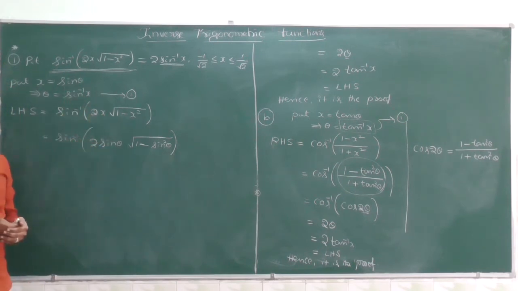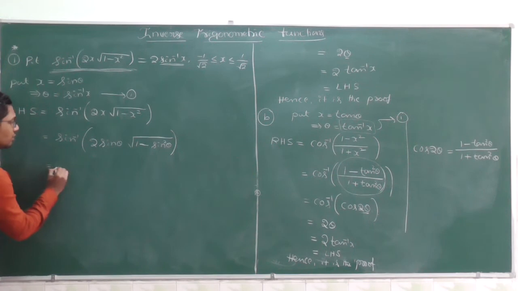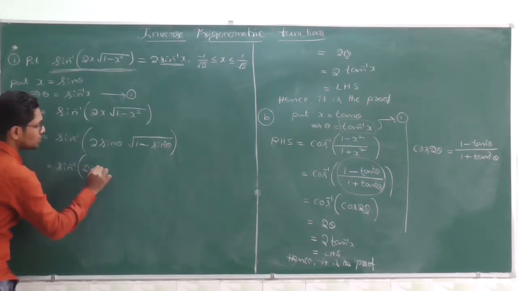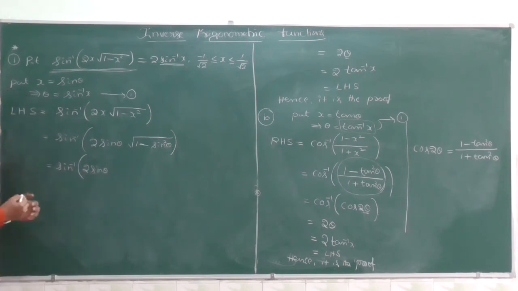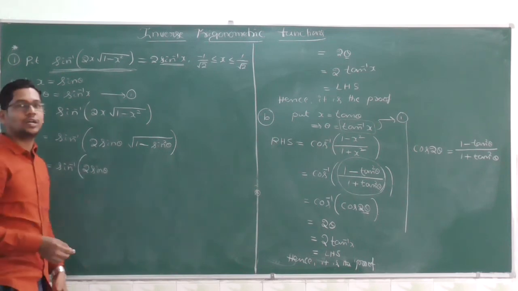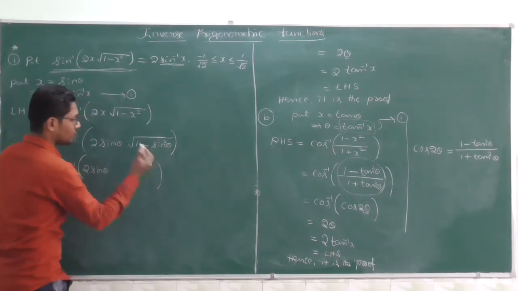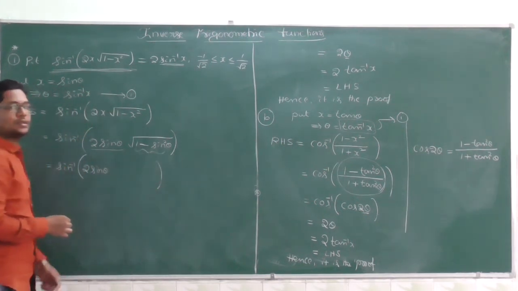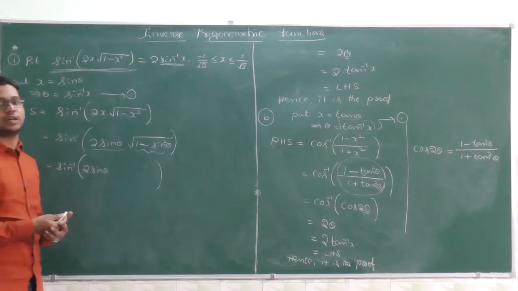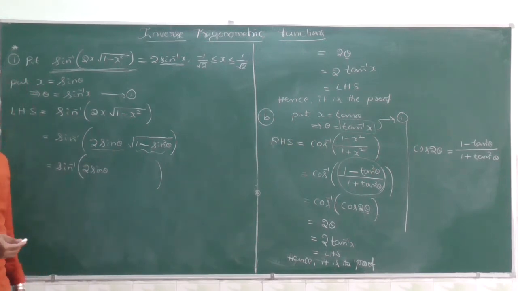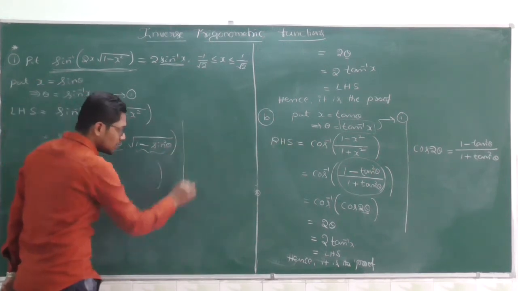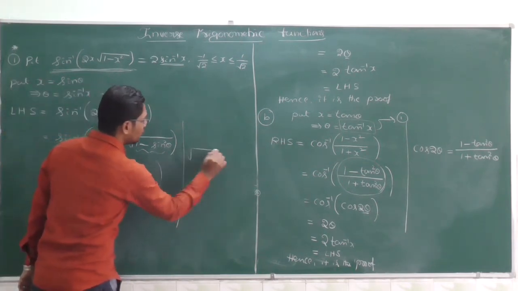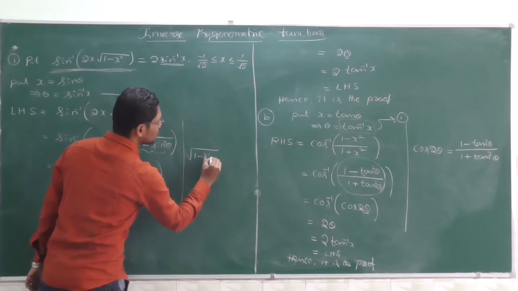That is equal to sine inverse of 2 sine theta into square root of 1 minus sine square theta.